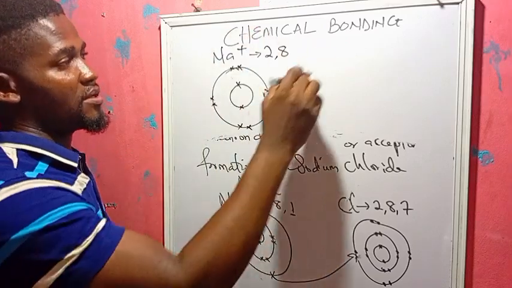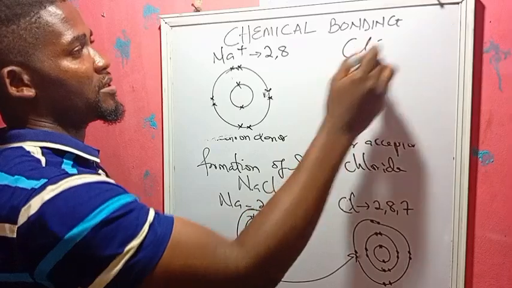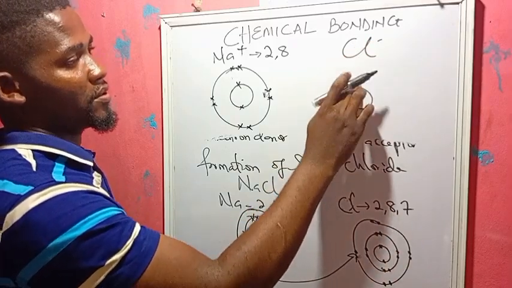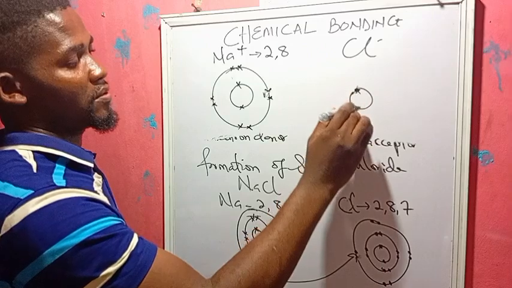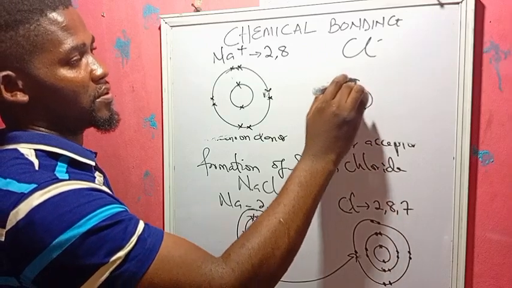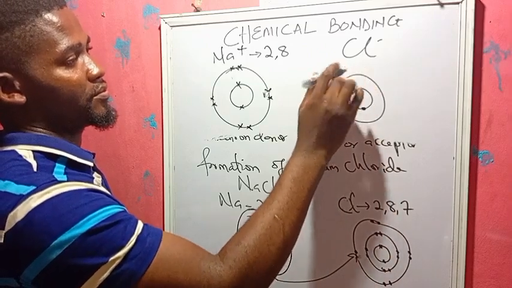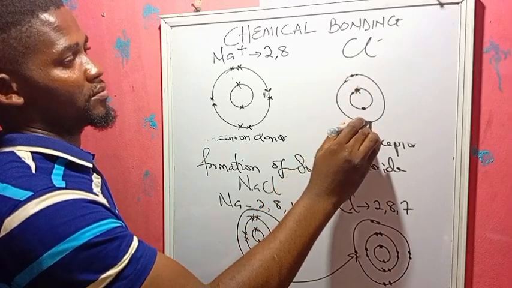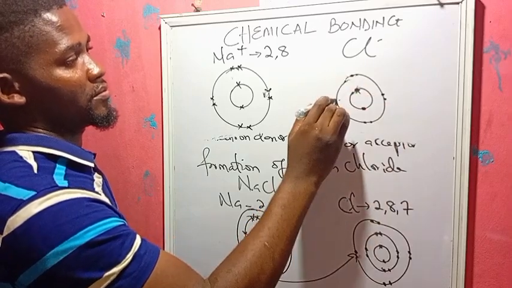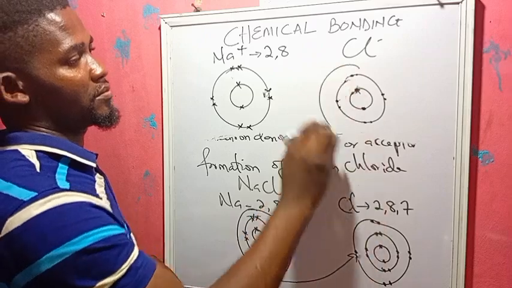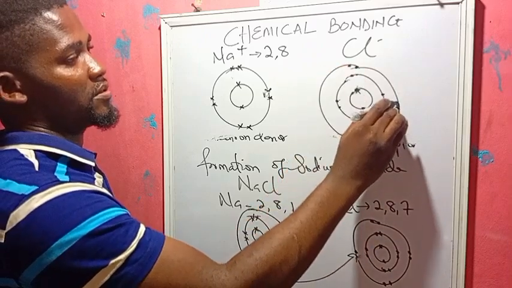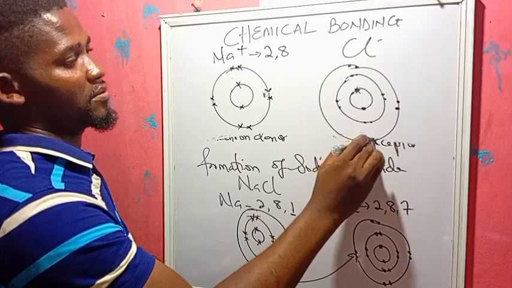And then chlorine anion is formed, which now has 8 complete.